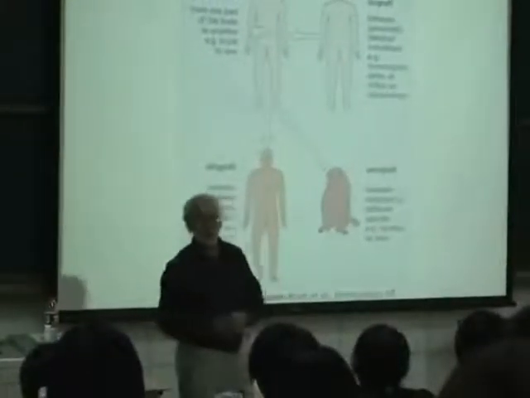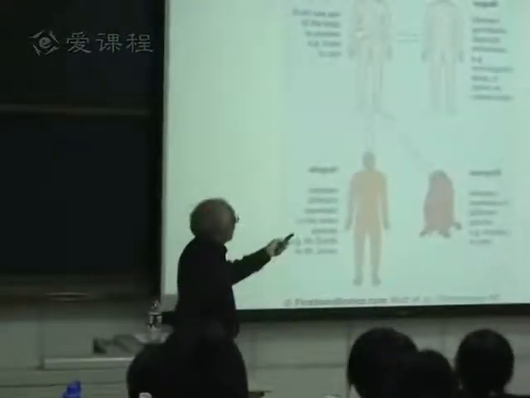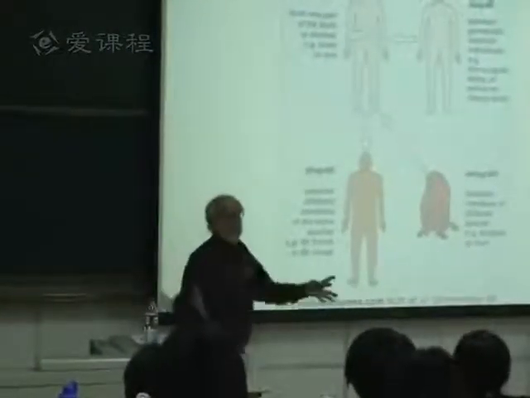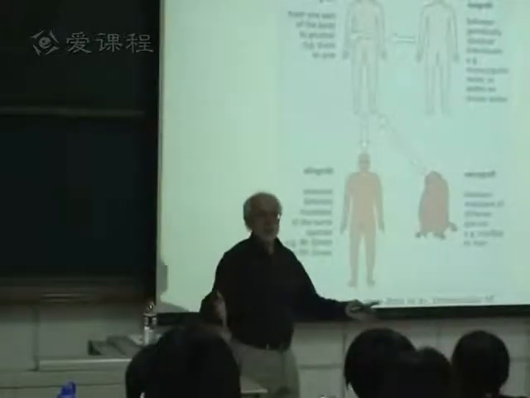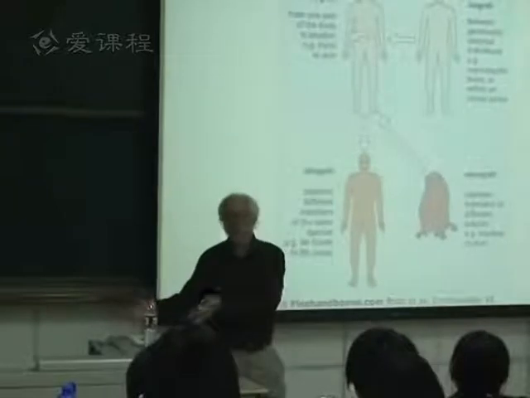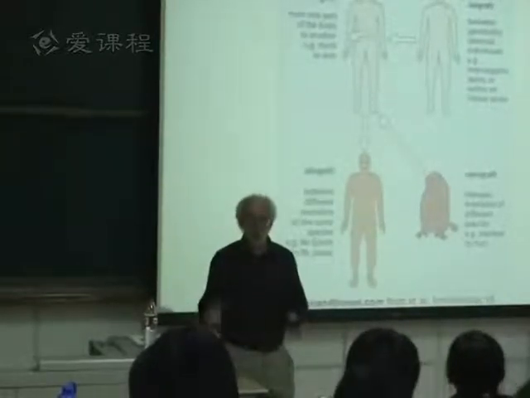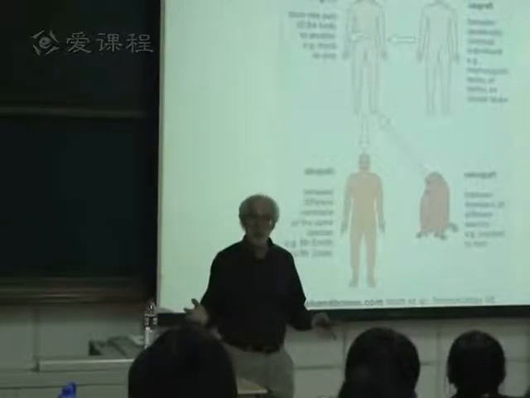And in an inbred strain of mice, you can transplant skin from one CBA mouse, for example, a strain CBA mouse, to another CBA mouse, and the graft is not rejected. It's not seen as foreign because the genes in those two mice are absolutely identical.